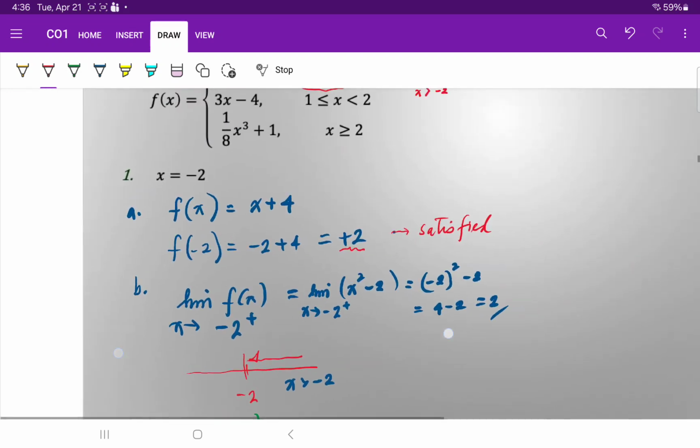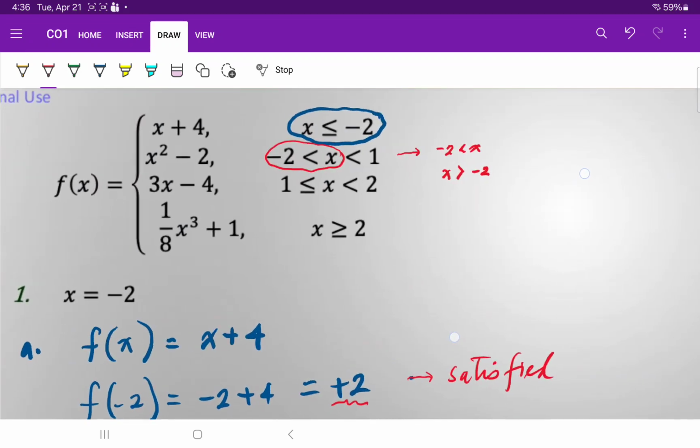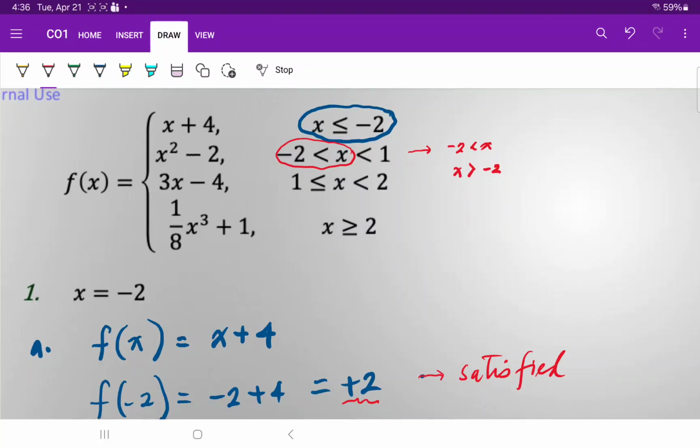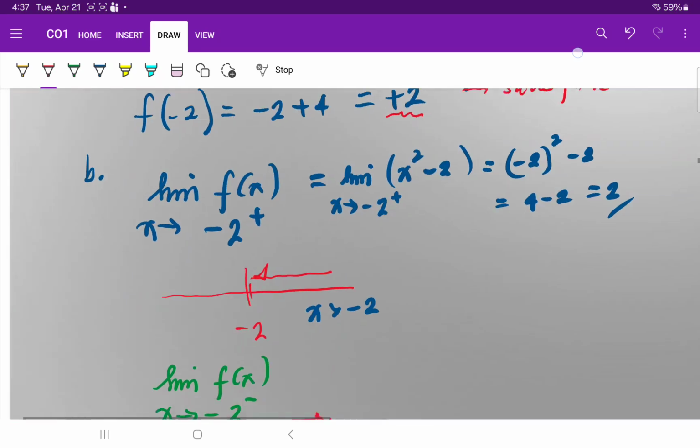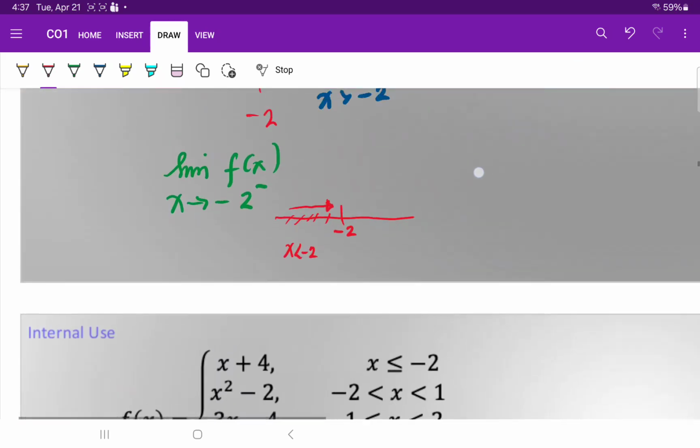So which of these will you use? Which one is less than negative 2? x is less than or equal to negative 2. So it's this one, diba? Ito din, because this says x is less than or equal to negative 2. Alright, so we have here to use x plus 4.